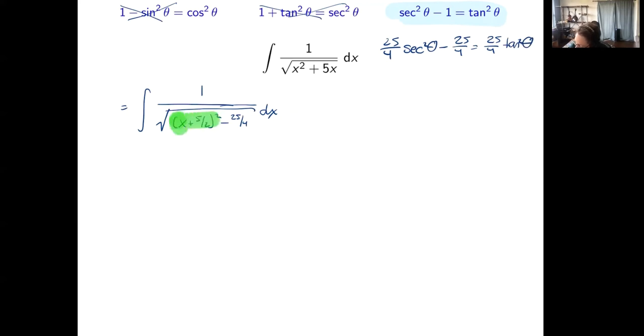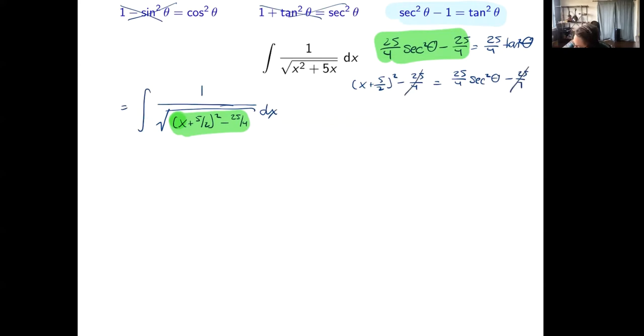The piece underneath the square root, I would like to turn into this left-hand side. So I would like a substitution that takes x plus 5/2 quantity squared minus 25/4 and turns it into 25/4 secant squared theta minus 25/4. Okay, add 25/4 to both sides.